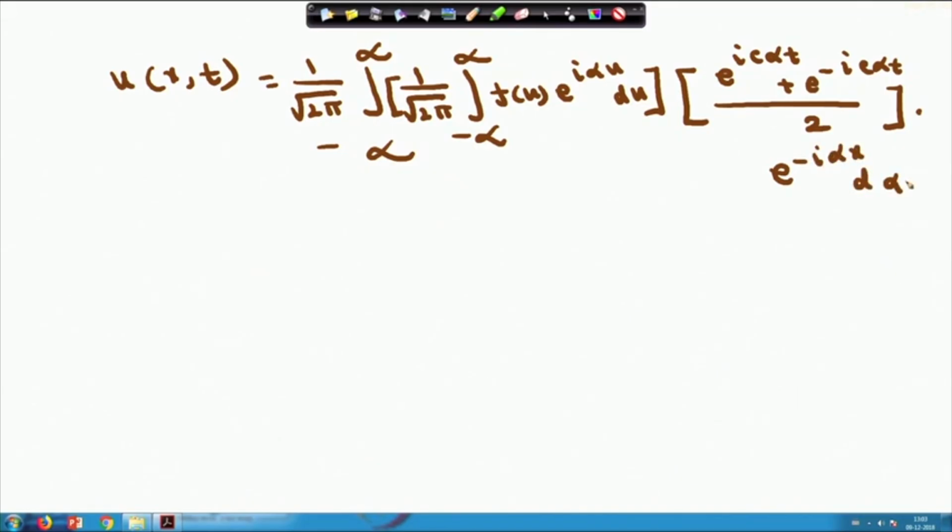Once I am getting this, if I put alpha equals minus s, I am putting alpha equals minus s and I am breaking it into two integrals.